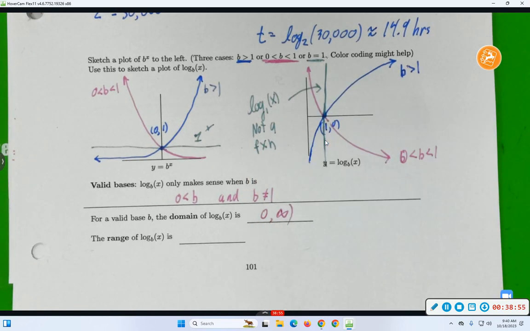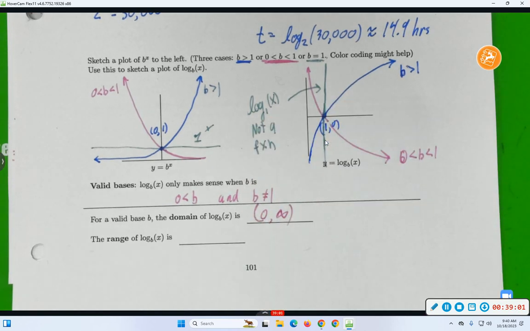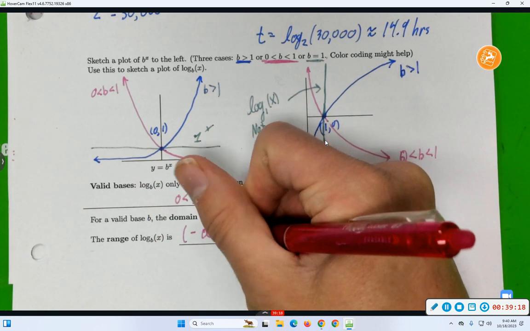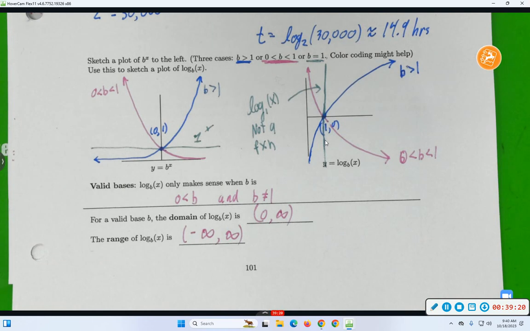Never include infinity. Should I include 0? No, because you specifically told me that 0 isn't in the domain. What about the range? What are the ranges of those functions? Negative infinity to infinity. All real numbers if you like that better.